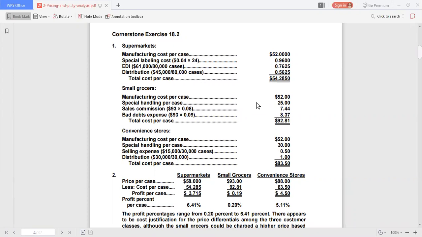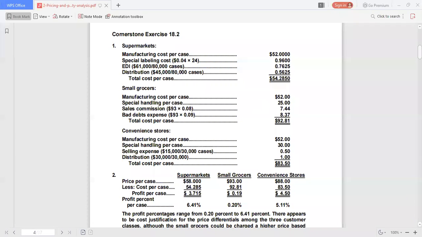Divide the profit per case by the price per case, so you get the profit percent per case. The profit percentages range from 0.2% to 6.41%. There appears to be cost justification for the price differentials among the 3 customer classes, although the small grocers could be charged a higher price, no?